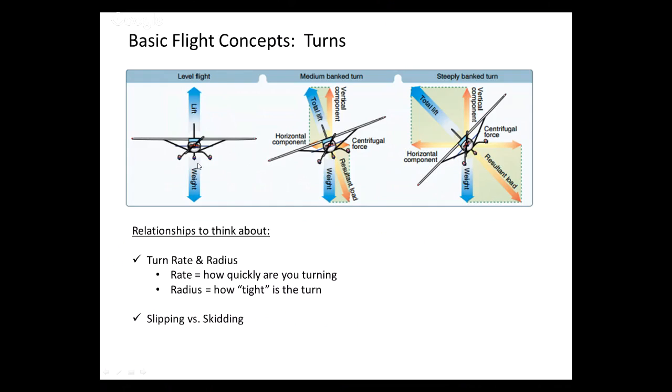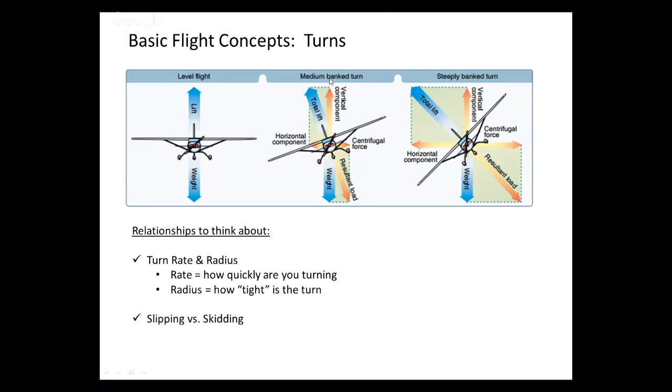So in straight and level flight, you've got simply weight and lift acting. As it concerns turns, weight and lift acting on the aircraft. You have thrust and drag acting as well, but when we talk about turns, we're only concerned about weight and lift.